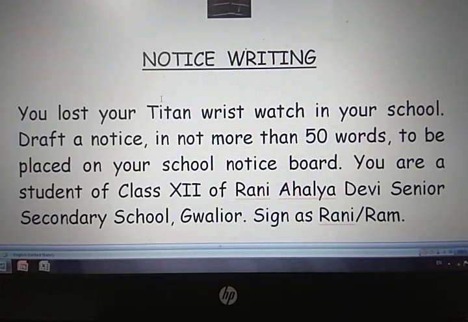You are a student of class 12 of Rani Ahalya Devi Senior Secondary School, Gwalior. Sign as Rani or Ram. That means if you are a boy, you may sign with the name Ram, and if you are a girl, you may sign with the name Rani.